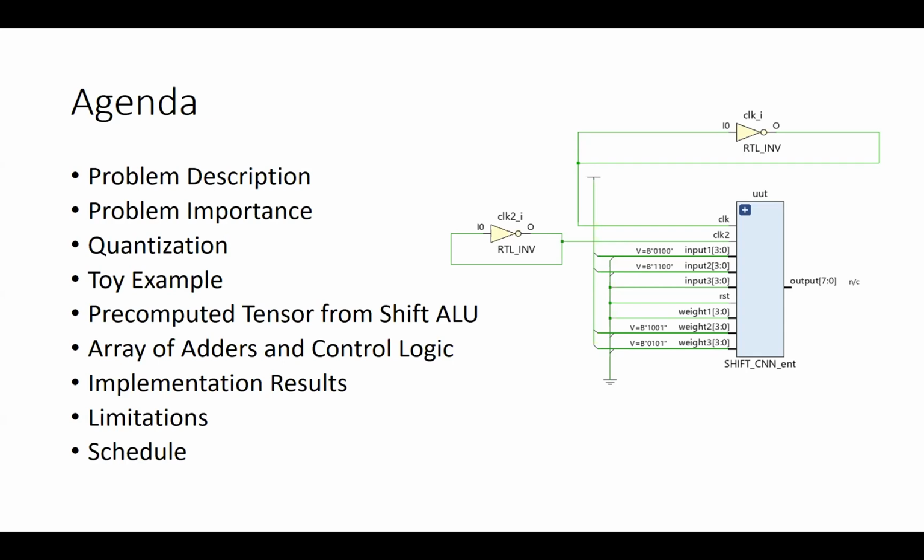Then we will talk about the implementation results from the various test benches that we have built. We will finally talk about the problems, limitations and challenges that we faced along the way. And finally, the schedule, which is what we planned to do initially and how much of it we have achieved.